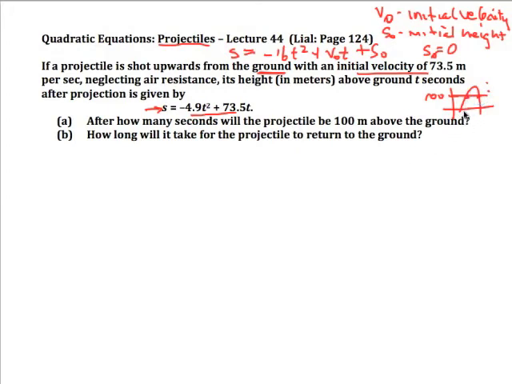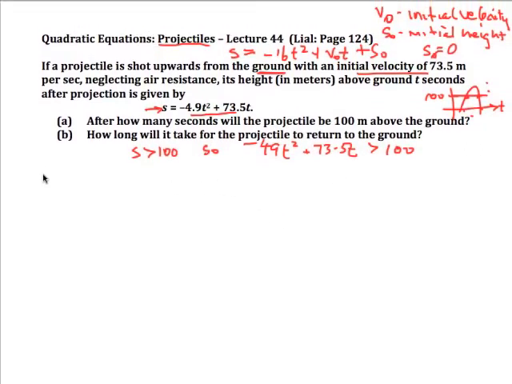So we'd like to know what the values of t are, and that's on this axis here, which is t. Above 100 meters above the ground means that we want S to be greater than 100. So what we have is negative 4.9t squared plus 73.5t has got to be greater than 100.